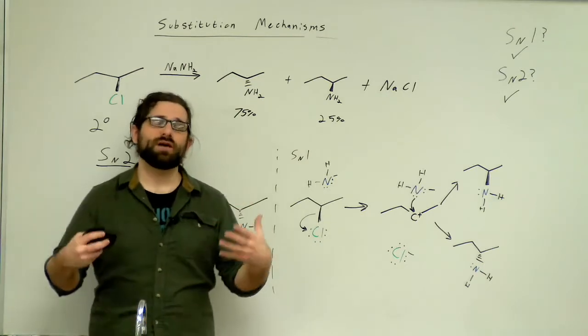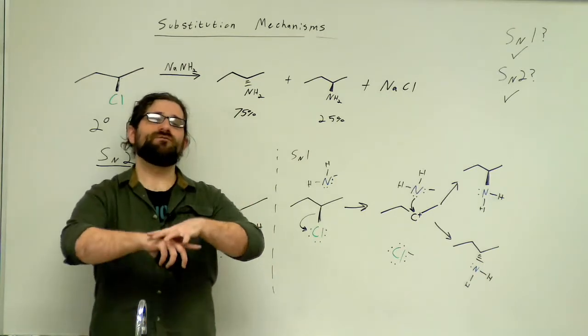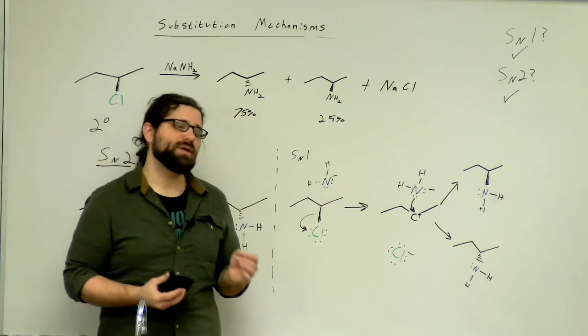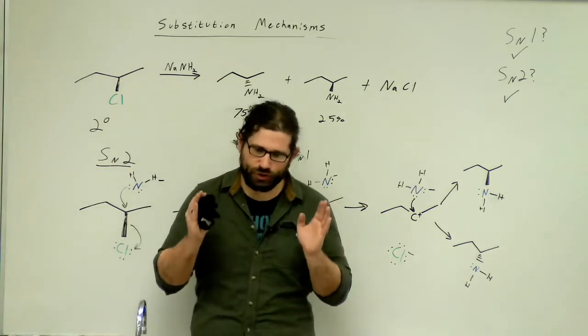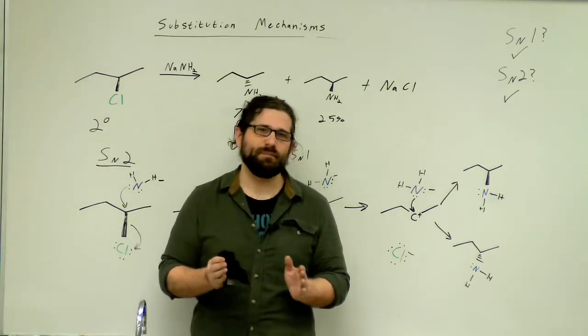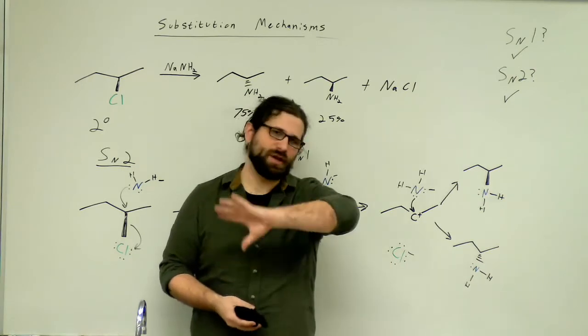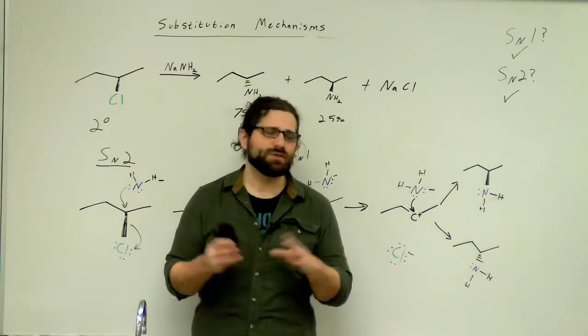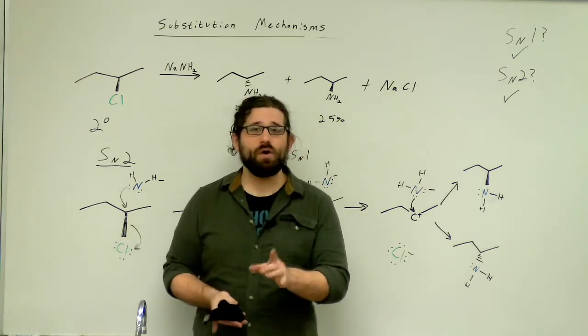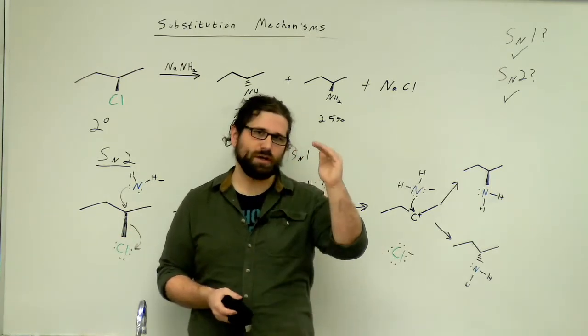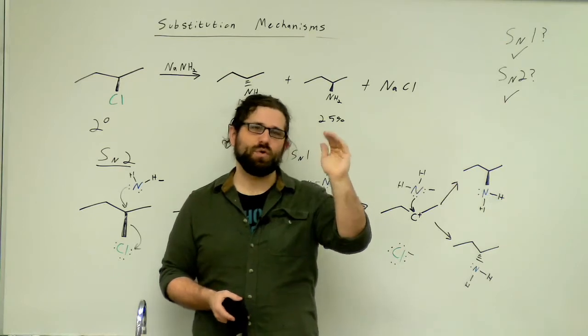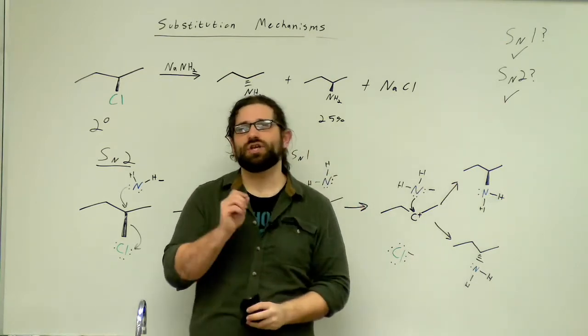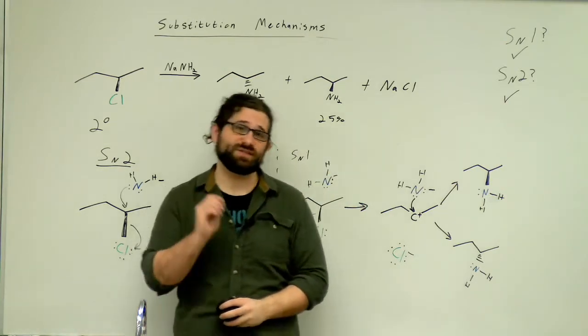So when we look at these later, when we have our full mixture, we're going to be able to identify for certain what our mixture of mechanisms is going to be by factoring in all of our details, our solvent, our nucleophile strength, our base strength, and so on and so forth. But for now, when you're doing the SN1 versus SN2 mechanisms, I just want you to look at the factors of the substrate.